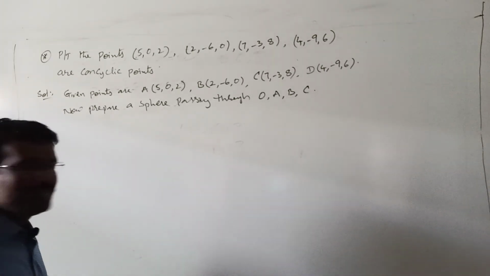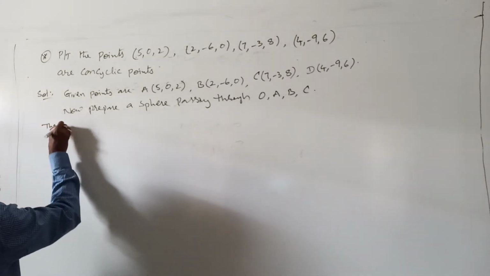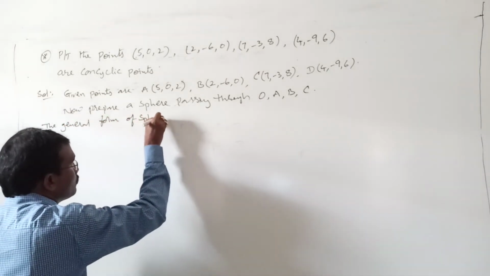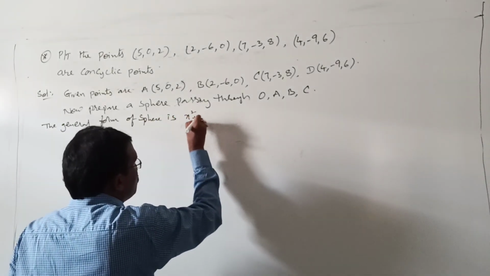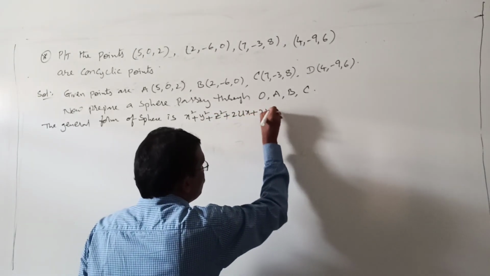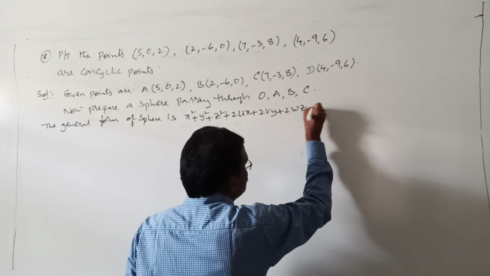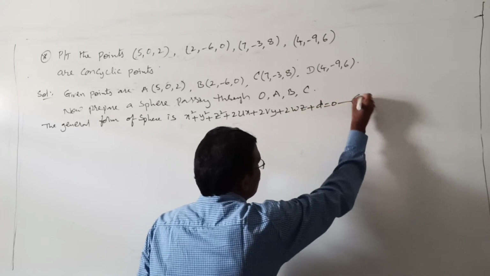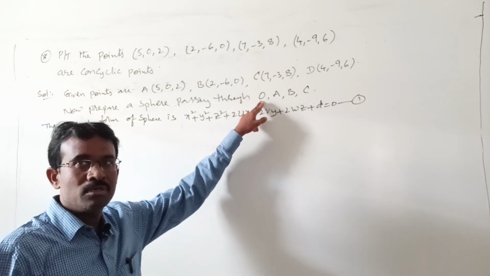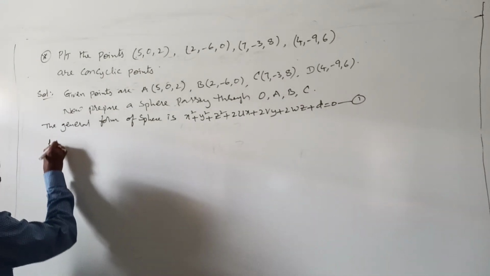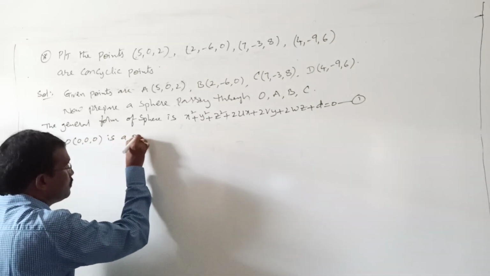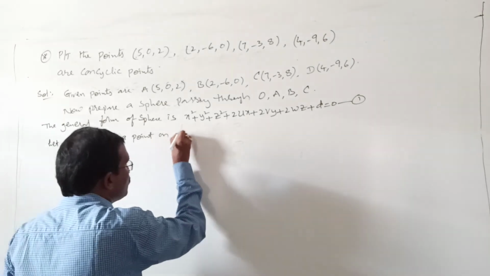You know the general form of the sphere: x square plus y square plus z square plus 2ux plus 2vy plus 2wz plus d equal to 0. This is the general form of the sphere. Now this will pass through the origin. Let O (0, 0, 0) be a point on the above sphere.